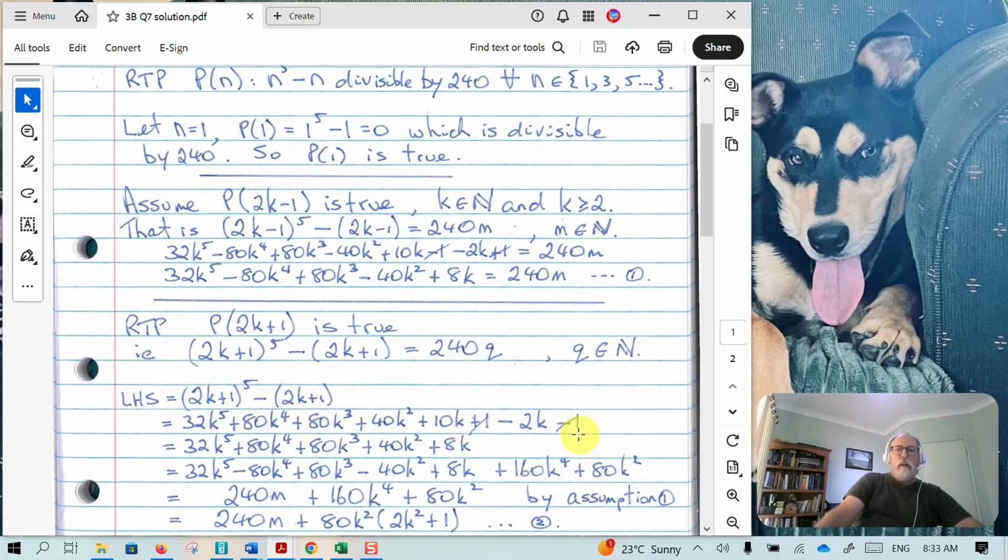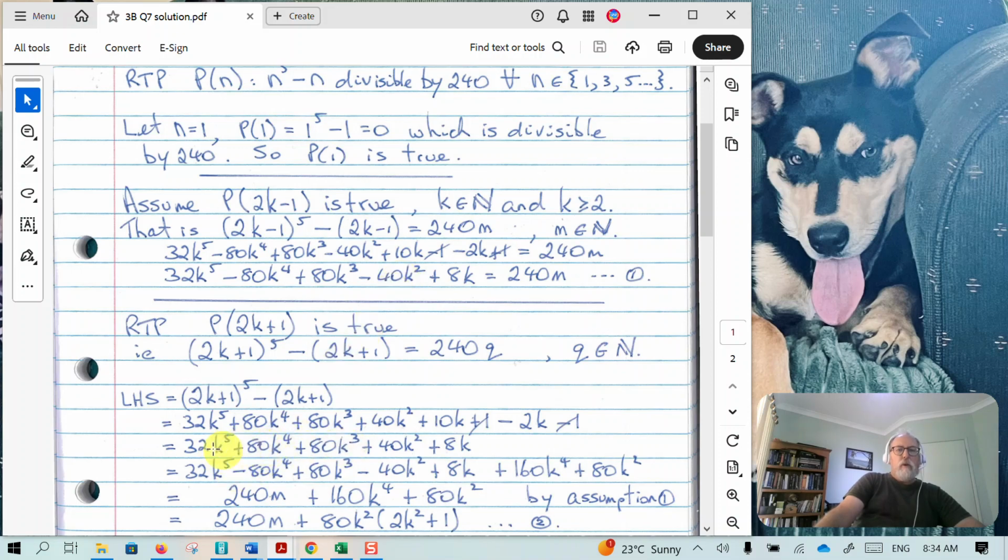The positive and negative 1 cancel, and this time 10k minus 2k is 8k. Now this line here is almost but not exactly the same as the left hand side of my assumption. The trouble is I have a negative in the 80k to the 4th and a negative in front of the 40k squared, but down here I've got positives.